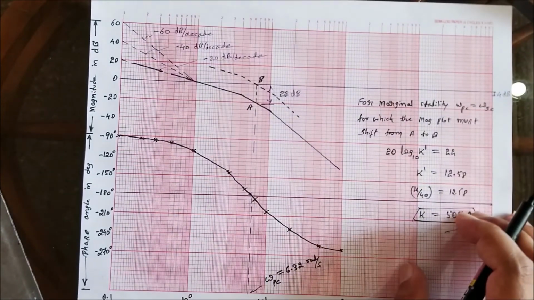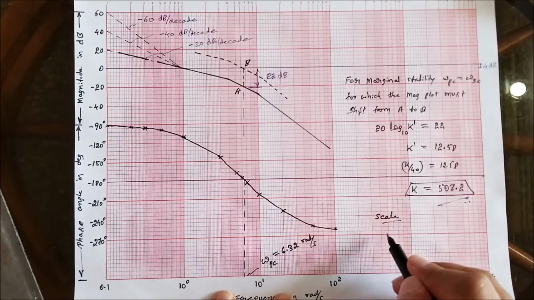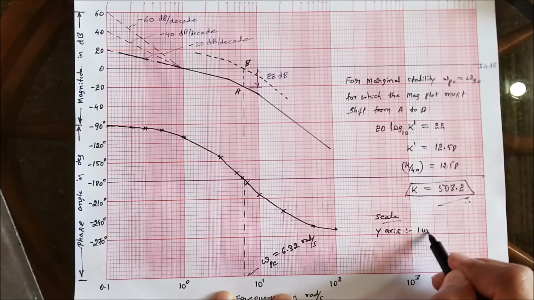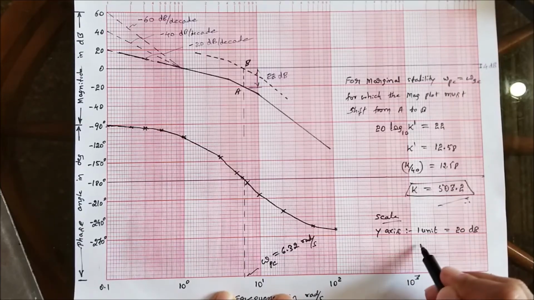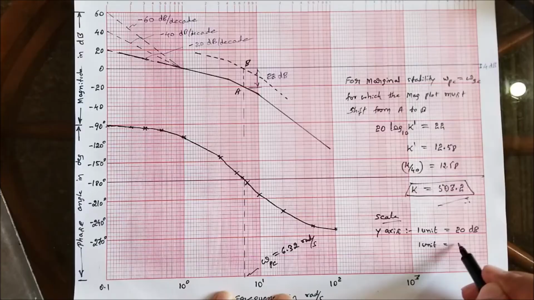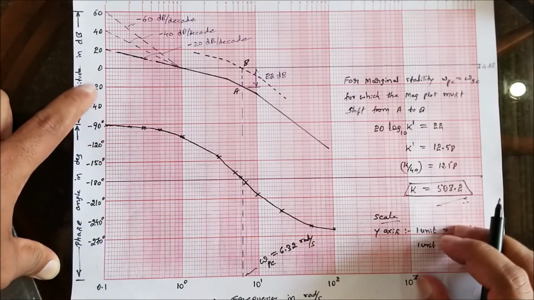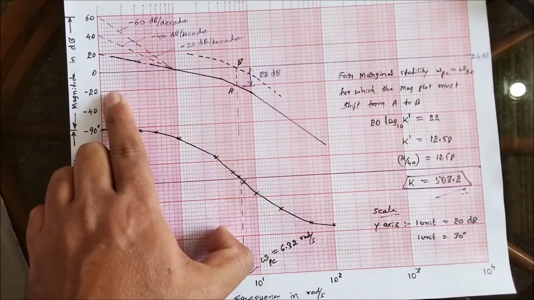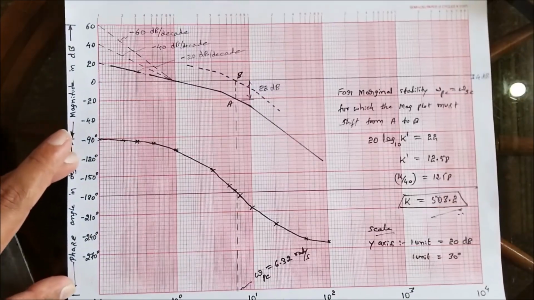Now what is the scale that I used? For the y-axis, 1 unit is equal to 20 decibels for magnitude, and 1 unit is equal to 30 degrees for phase angle. Each subunit becomes 4 decibels for magnitude and 6 degrees for phase angle, using which I solved the problem.